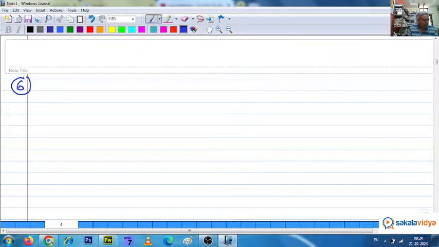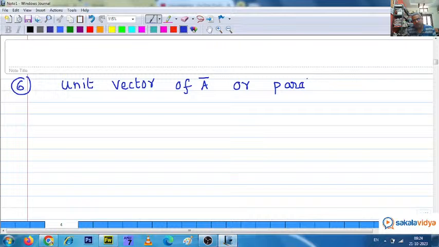Now the unit vector of A bar, parallel to A bar, is given by A cap equal to A bar by mod A bar. That means if you divide A by its modulus, then you will get it.